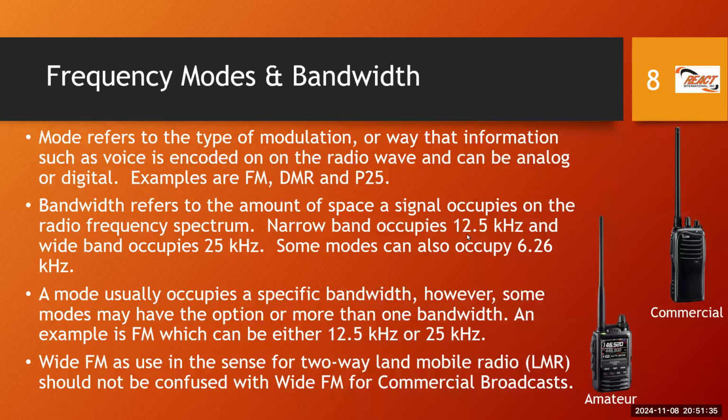So the repeaters need to be configured for 12.5 kilohertz if you're doing narrowband, and if it's 25, you need to use 25. The challenge here is that older radio equipment sometimes does not have the narrowband capability. It is not able to do 12.5 kilohertz. Some older equipment can only do 25 kilohertz.